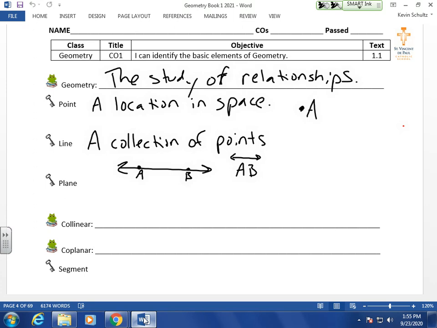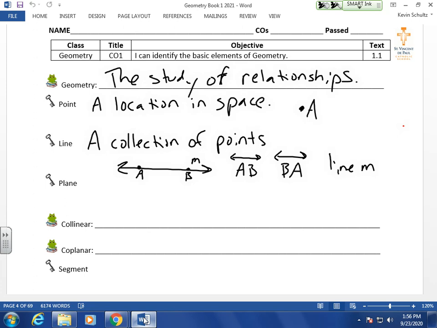You could call it line BA because the direction doesn't make a difference. If it passes through points A and B, it also passes through points B and A and continues on in both directions. Or sometimes you'll see a little lowercase letter near one of the arrows. You could also call this line M. Any of those three ways is acceptable.